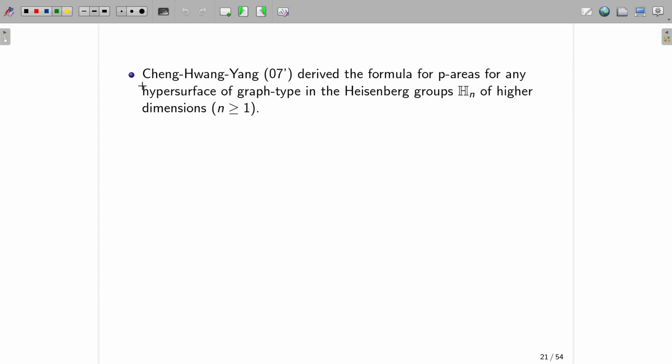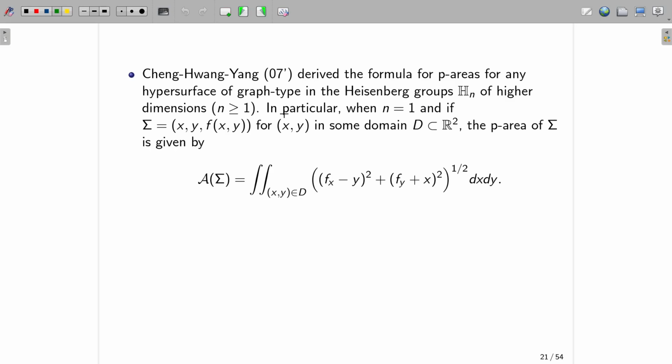And Cheng, Hwang and Yang derived the formula for p-areas for any hypersurface in higher dimensional Heisenberg groups. In particular, when n equals 1, it's a graph type.